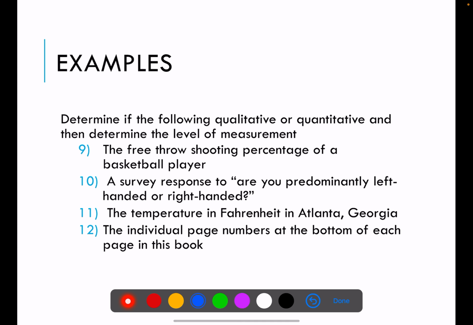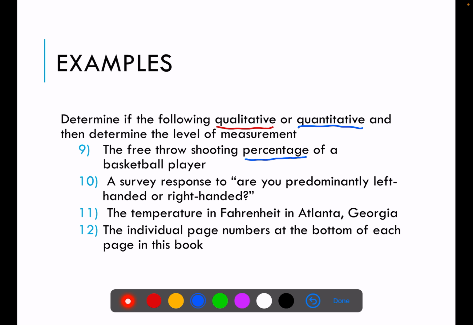Let's take a look at some examples to understand how to further categorize data into qualitative or quantitative, and also determine the level of measurement. The free throw shooting percentage of a basketball player. So here we're talking about a percentage.